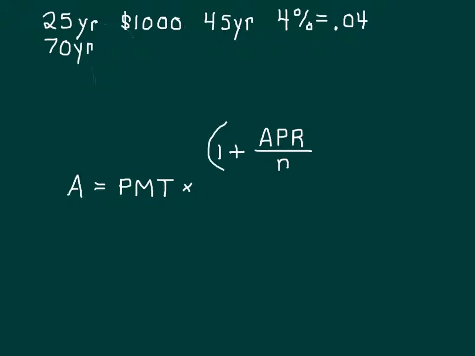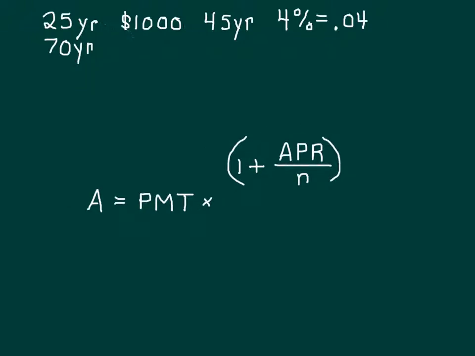And this expression is raised to the N times Y, where N is the number of payments per year, and Y is the number of years. And from this we subtract 1.